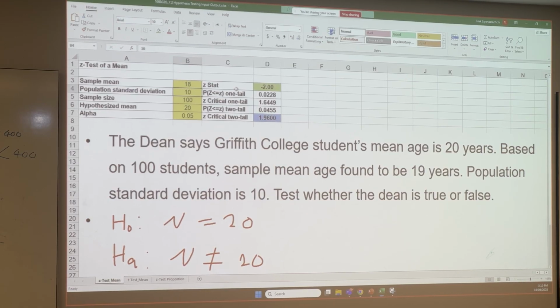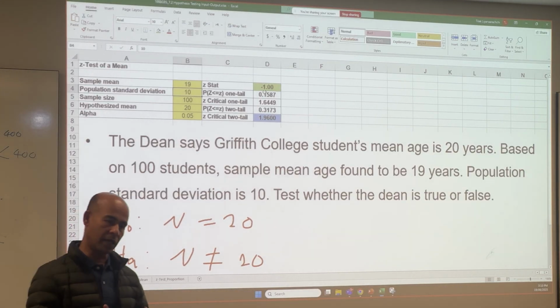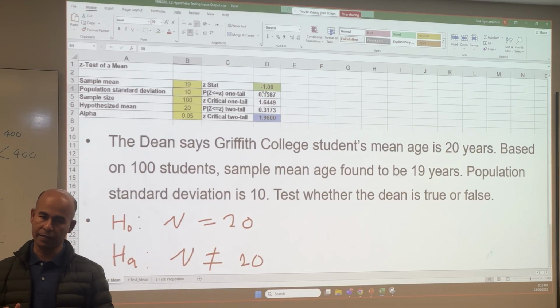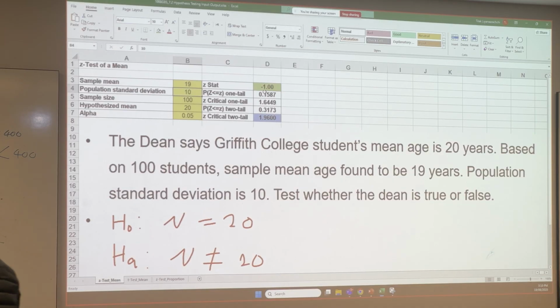Because most of the time critical values are less than 2, like 1.96 or 2.